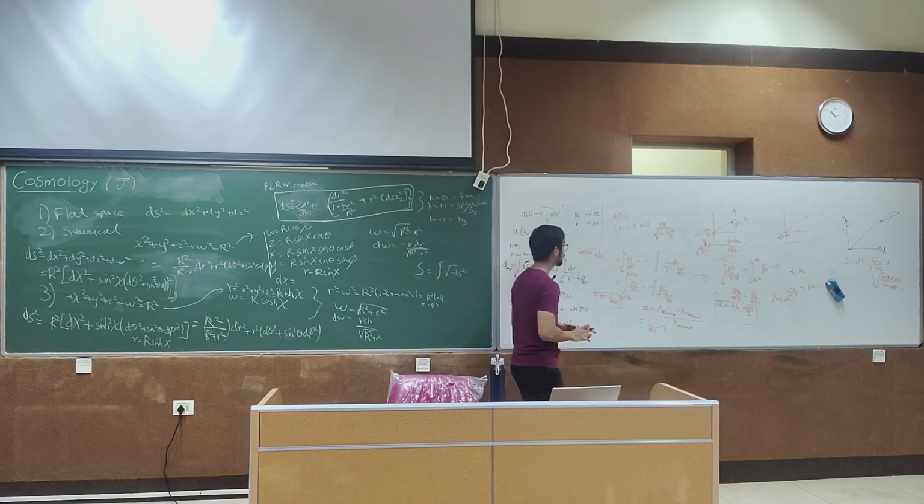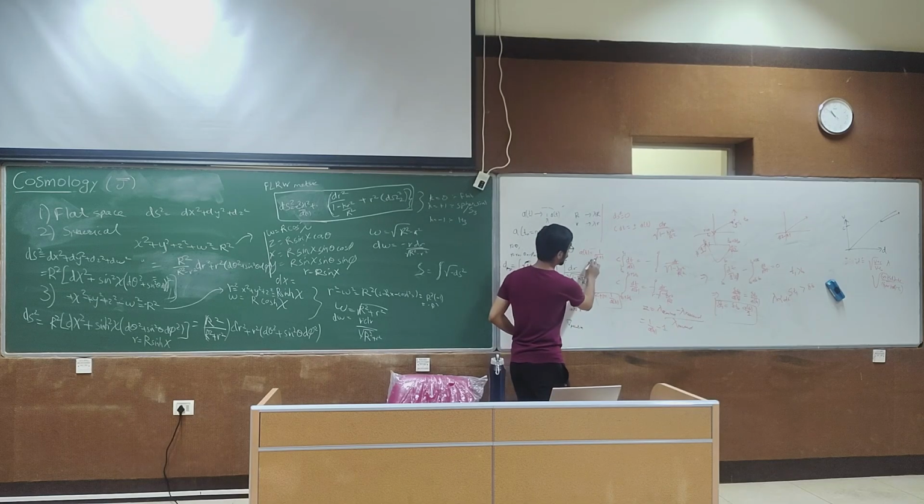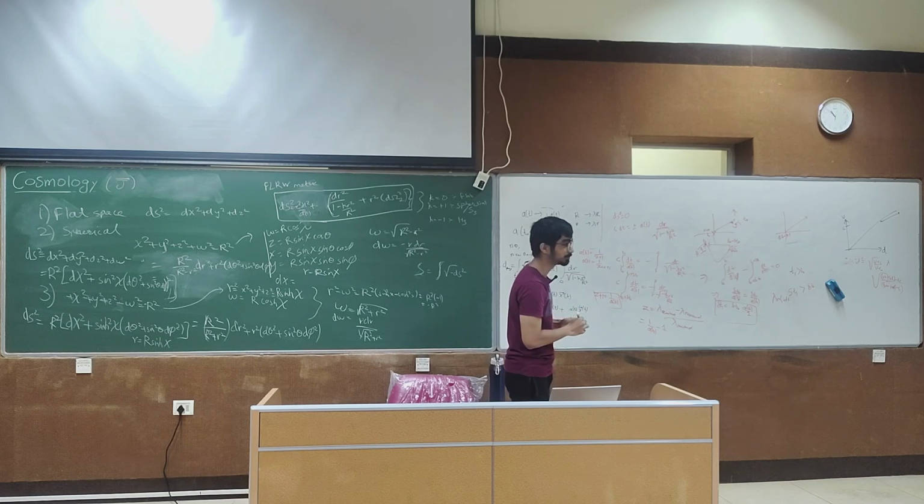So if they say redshift 3400, they are talking about the time t such that a of t was 1 by 3400 plus 1. So redshift is a proxy for time. You solve for that and then they are talking about that time. Is that clear?